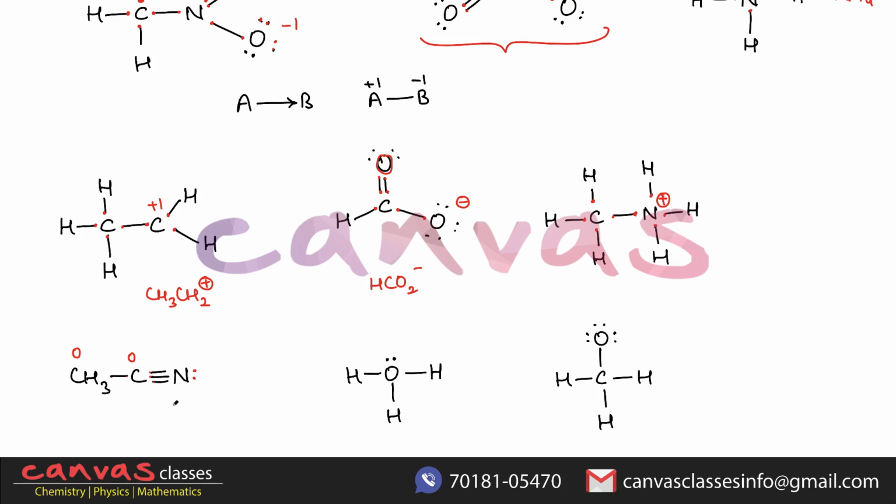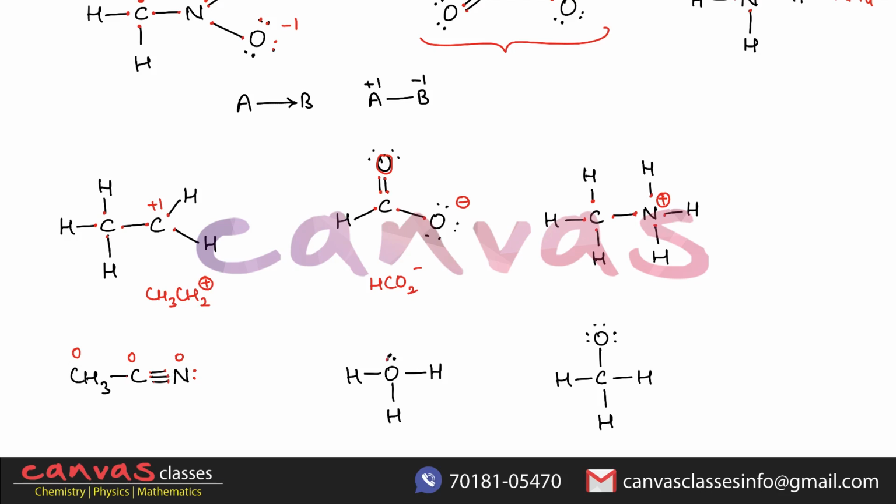If they have not shown the lone pair, it's your duty to mention it, or at least represent the proper Lewis structure. The nitrogen must be having a total of 5 electrons, so it will have a formal charge of 0, because 2 will be a lone pair and 3 involved in bonding.